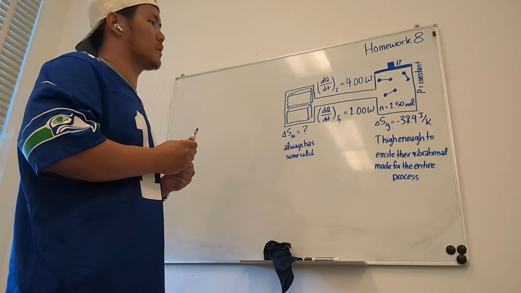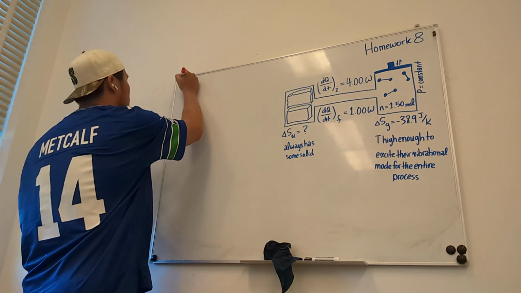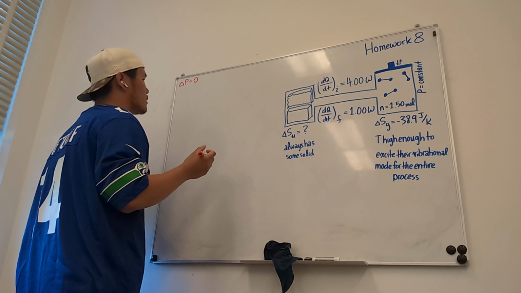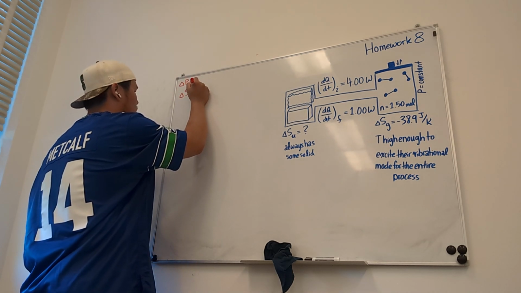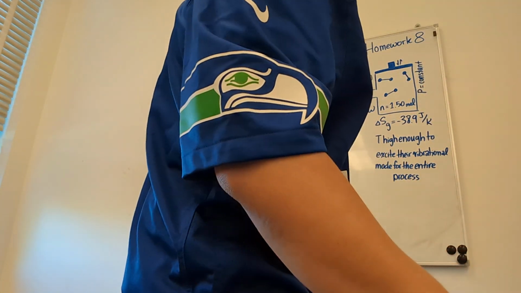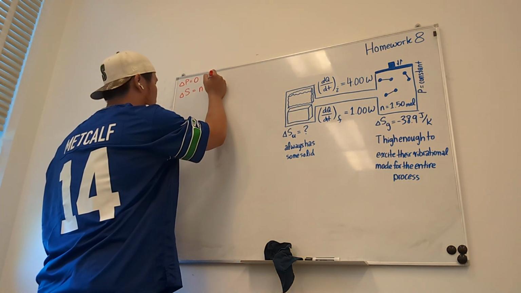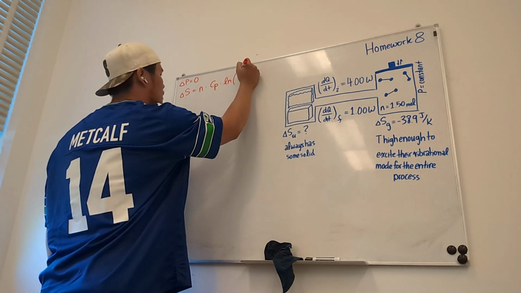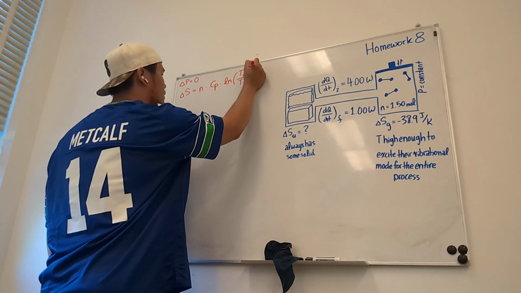So let's take our bearings here. You know that pressure on that right box is constant, which means it's isobaric. So we know delta S is equal to N times Cp times the natural log of temperature final over temperature initial.